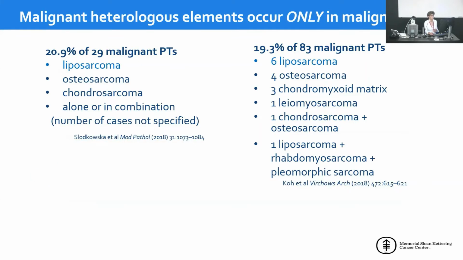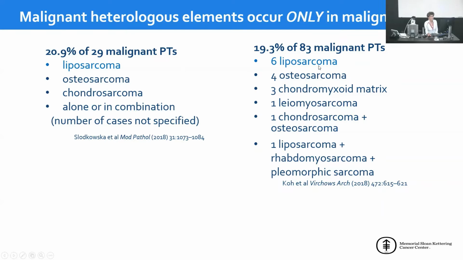You're all familiar with it: basically the stromal cells acquire a morphology that is suggestive of an osteosarcoma, chondrosarcoma, or liposarcoma, and this can occur alone or in combination, and many different combinations are possible. In two studies, the frequency of malignant heterologous elements was about 20% of the cases of malignant phyllodes tumor.